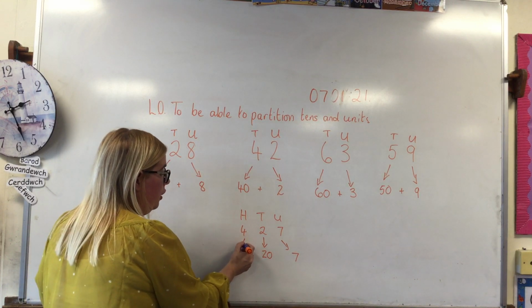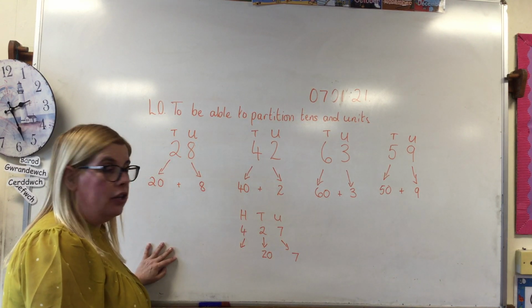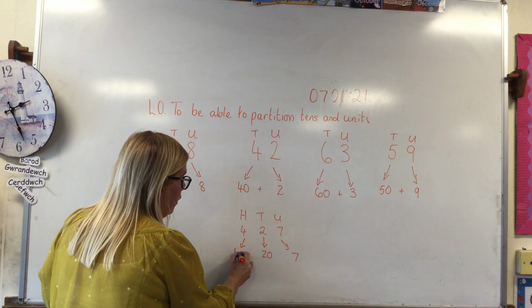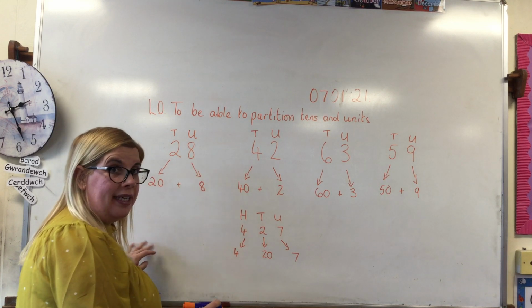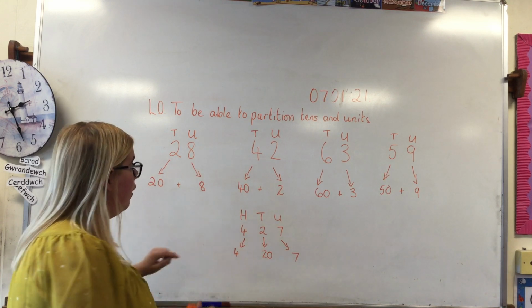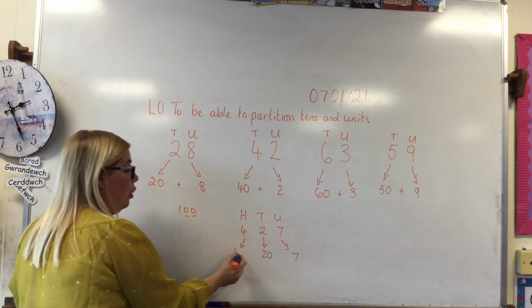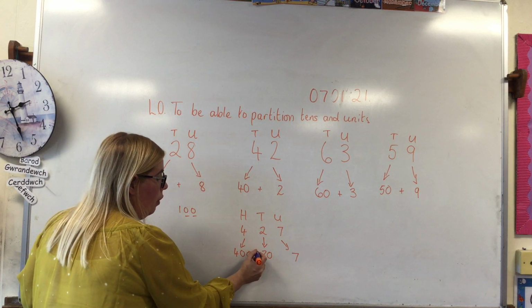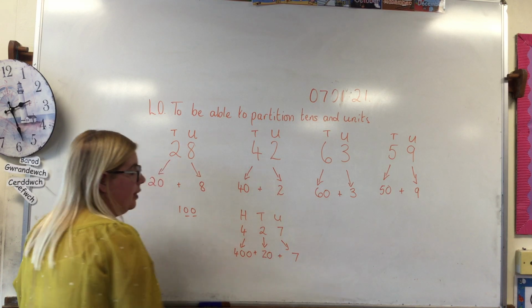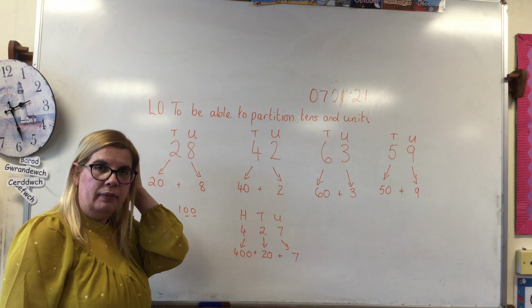And then if we've got the hundreds column, it's 4 hundreds, 4 times 100, okay? And to work that one out, if I've only added a 0 onto a 10, all right? If I've got the number 100, we look at the number of zeros and we add the zeros on, okay? So we've got 400, add 20, add 7, gives us 427.